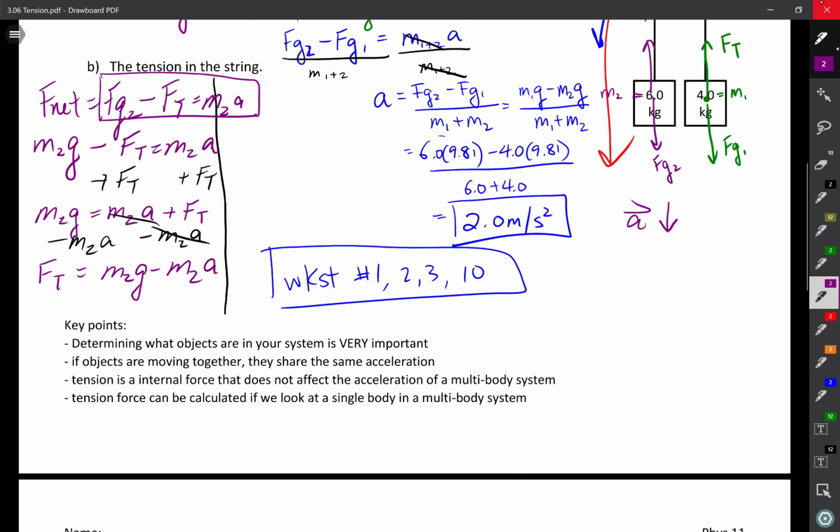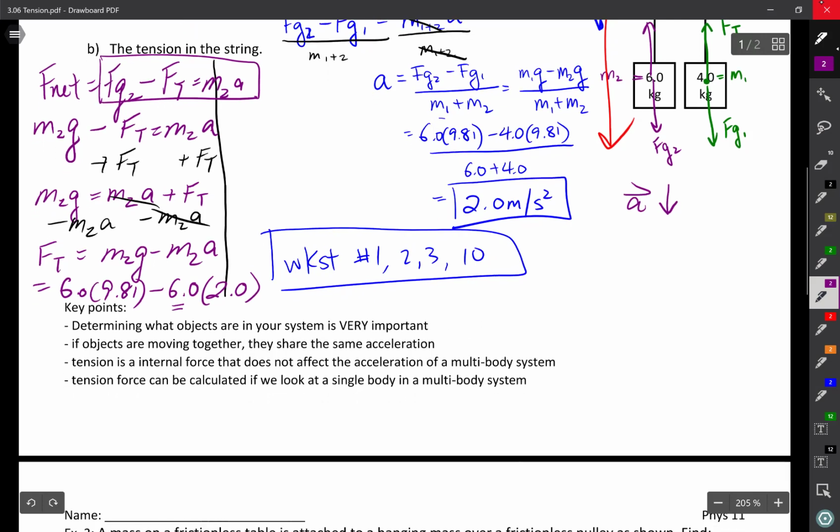And putting everything in, I have mass of 2 is 6 kilograms times 9.81. I'm running out of space, so I didn't put in units, times the acceleration, which now we know is 2.2. I think it's 1.9 something, but for the sake of technique, it's better to round it, but I'm just showing you this example. When you're doing questions, you should always not round until the last step.